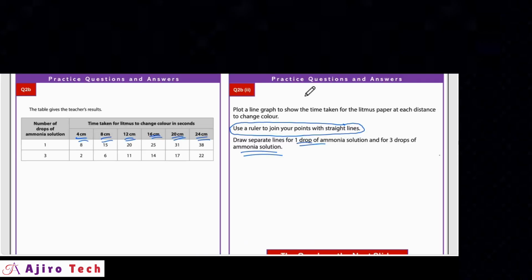So distance between litmus paper, we have done that. Now let's do time taken for litmus paper to change. Let's name this axis: time taken for litmus paper to change color.